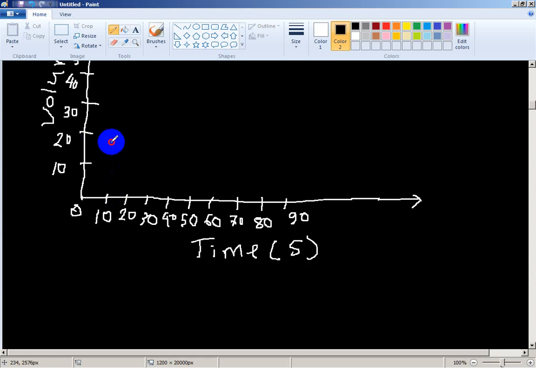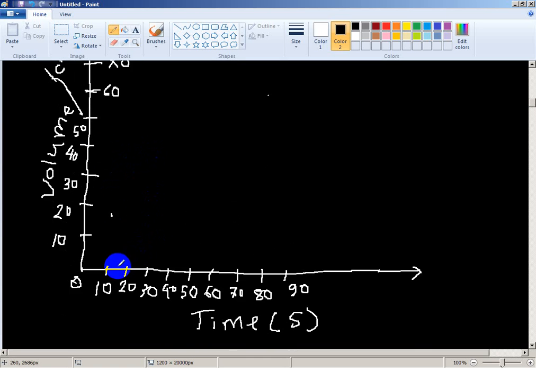I am not using graph paper. This is point 1. When time is 10, volume is 18. Tajur, do you have any question? Why have you raised your hand?